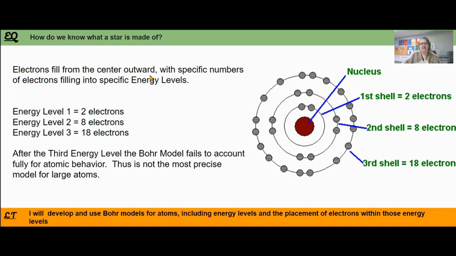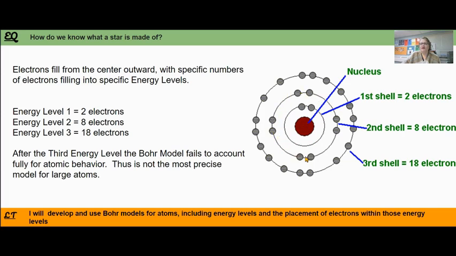Electrons fill from the center outward, with specific numbers of electrons filling into specific energy levels. If we start at the nucleus, our first energy level is where our first electrons pop in, and we can fit 2 electrons in that circle. In the next energy level, we can fit 8 more.